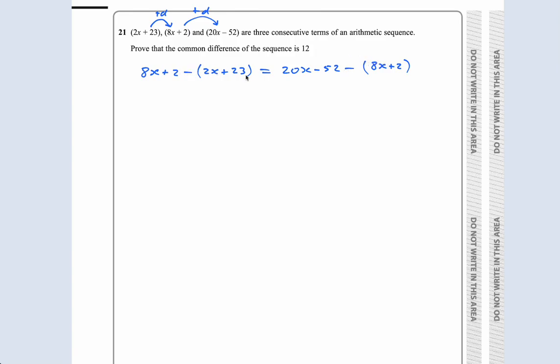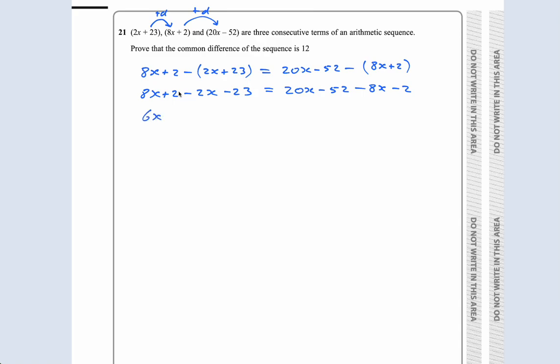So it's minus brackets here. So these two have to be equal. So I'm going to say, because they're both common difference, that's what an arithmetic sequence is, 8x plus 2 minus 2x minus 23 equals 20x minus 52 minus 8x minus 2. Careful with the brackets and the minus.